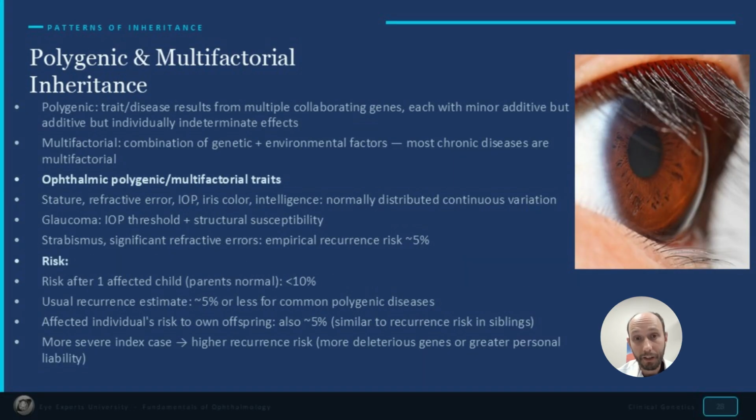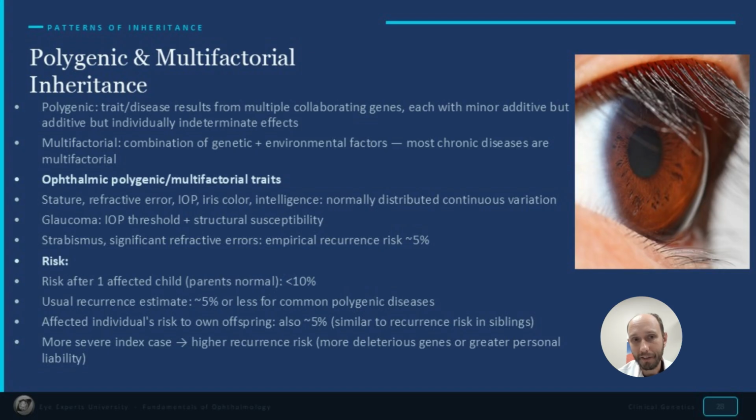Now, polygenic and multifactorial inheritance. So it turns out that some traits or diseases are actually a collaboration of multiple genes, so they don't have the easy traditional genetic inheritance that we just talked about. Some of them can be multifactorial, some of them are environmental factors and a combination of genetic factors.